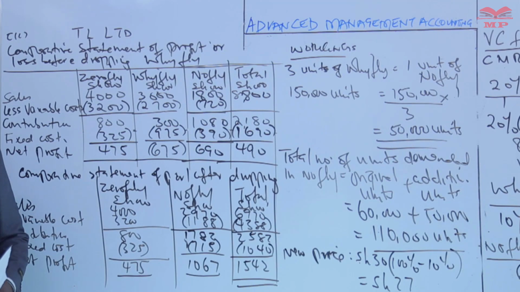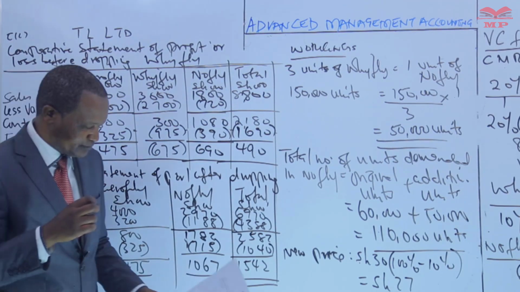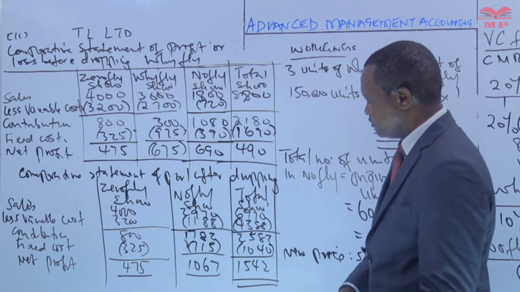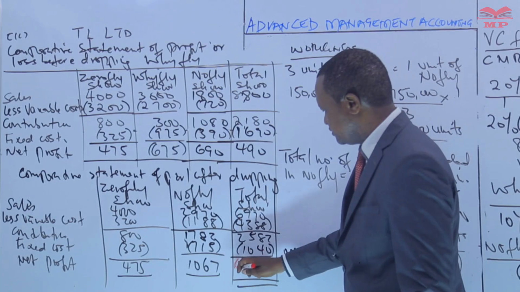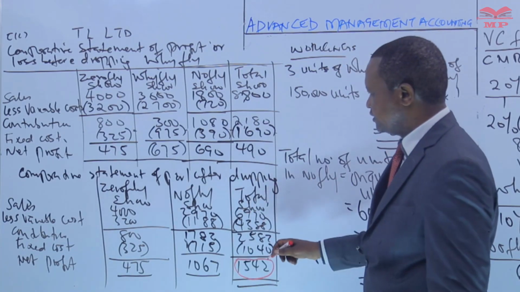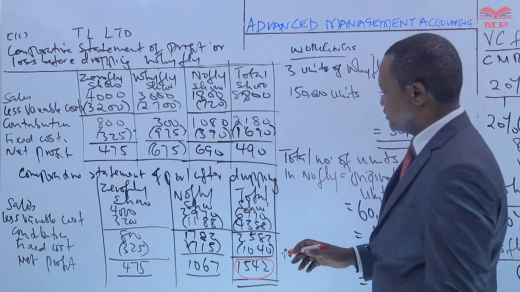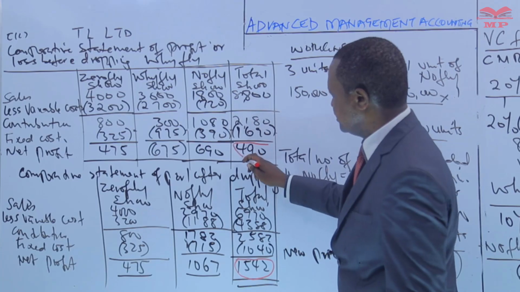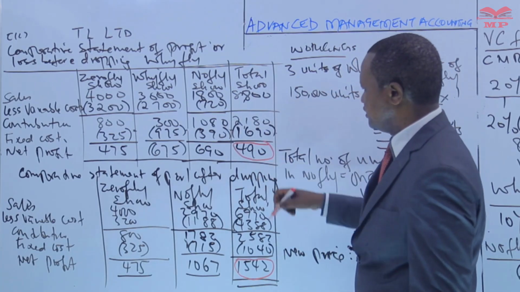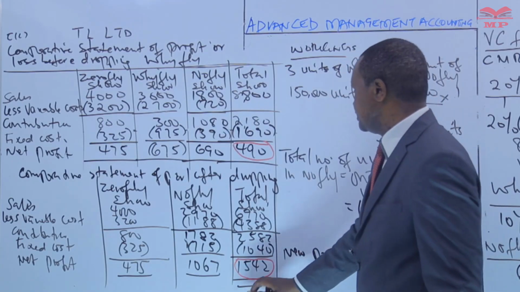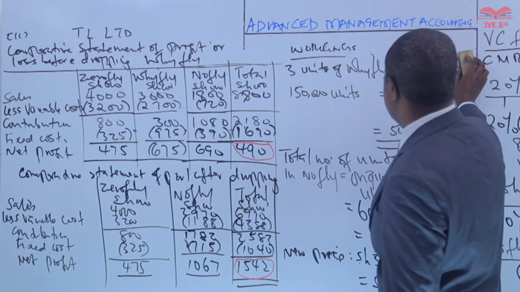Is there an increase in profit or a decrease? Advice will be based on this. After dropping, has the net profit increased or dropped? Before dropping, when the company is producing the three products, the net profit is 490.